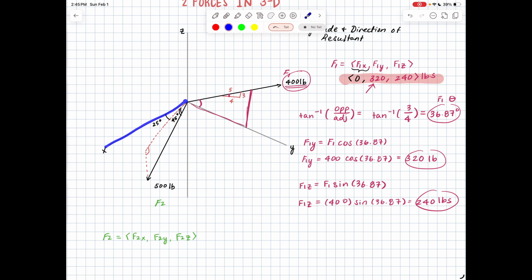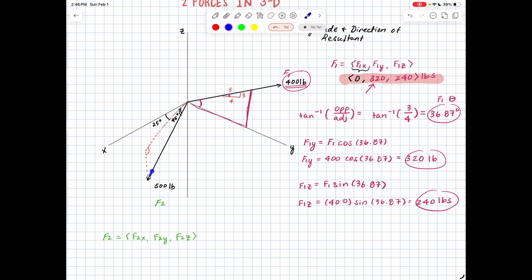So it's in the x-plane, and it is in the y, but it's also in the z, unlike the first force. So to simplify this, what we can do is we're given this triangle. So this line is in the xy plane. And then moving it down, this is what creates our z-plane.